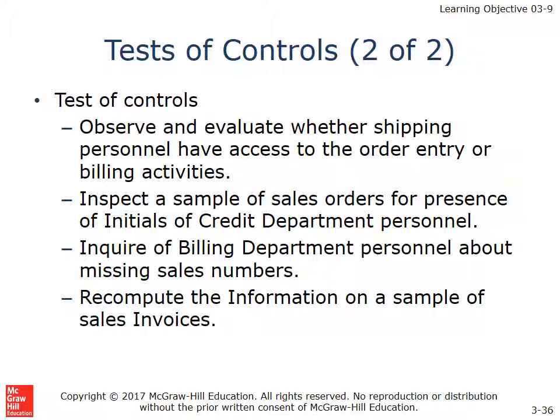Are they pre-numbered? We should inquire of the billing department personnel about missing sales numbers. Are they all there? We should recompute the information on a sample of sales invoices. All of these things test those controls they told us about. And that's what you're doing during this phase of the audit.